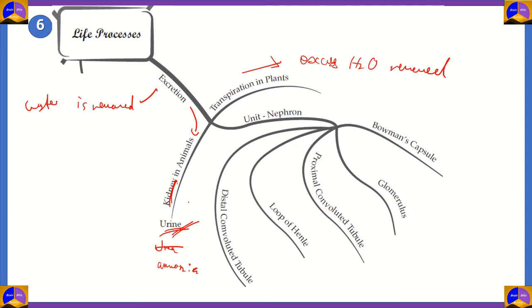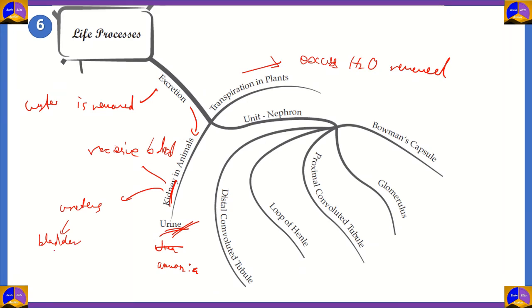So the primary process of excretion is done by the kidneys. The kidneys receive blood, and they filter out the wastes from the blood, and then from the kidney the waste goes through the ureters into the urinary bladder, which stores the waste for some time.